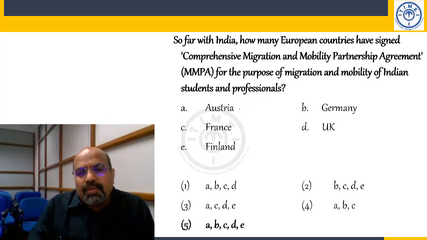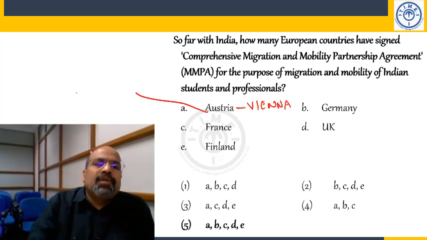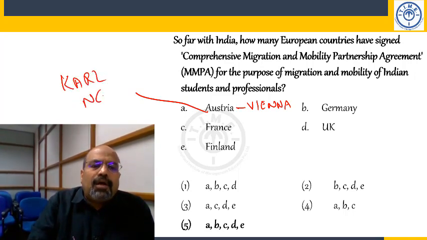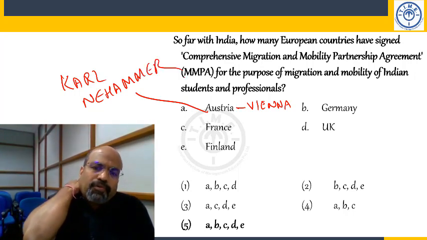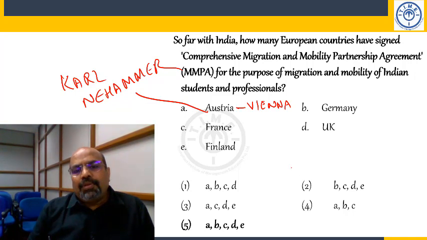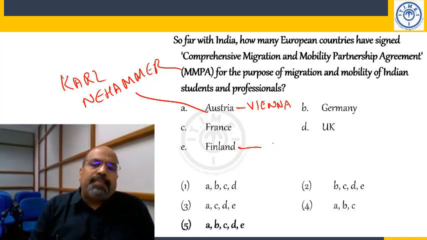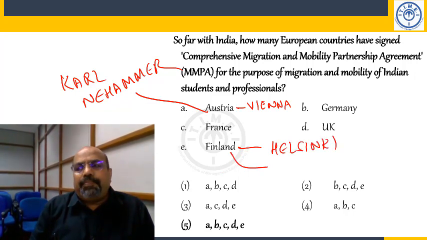Let's look at capitals. Vienna. In different countries, we look at the leaders also. Vienna is the capital of Austria, and the Chancellor of Austria is Karl Nehammer. Finland, the capital is Helsinki, and the Prime Minister is Sanna Marin.